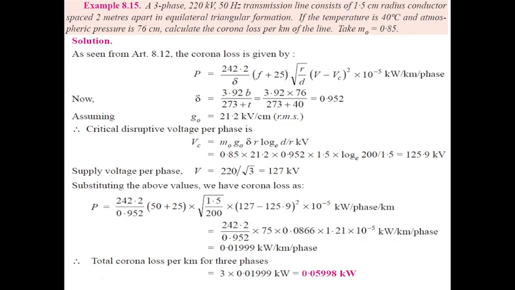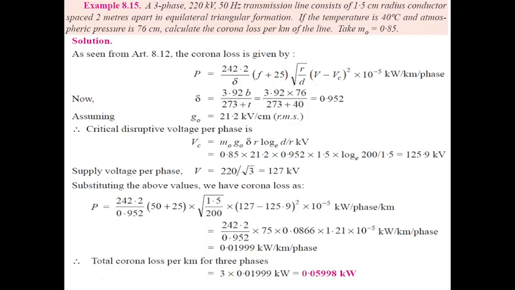By substituting all values into Peek's empirical formula for corona losses, the corona losses per phase is found to be 0.01999 kilowatt per kilometer.